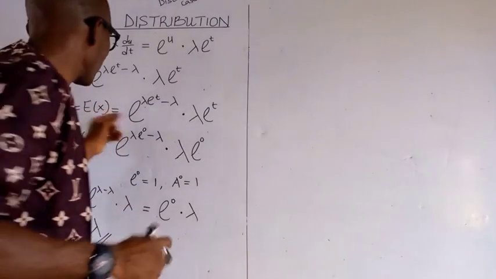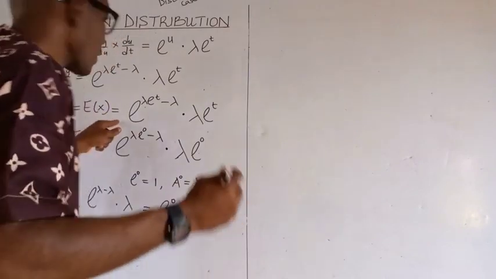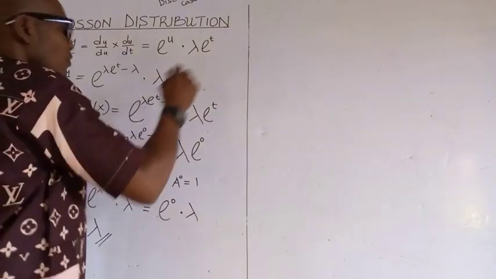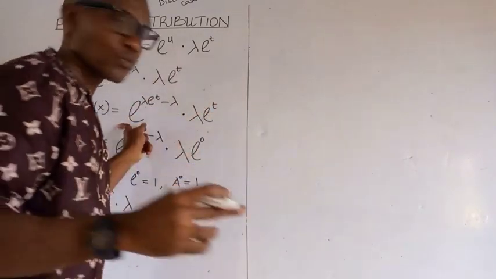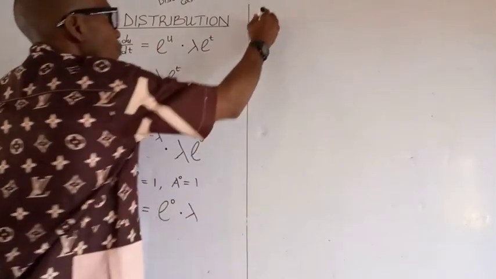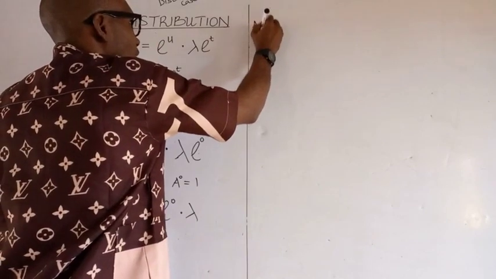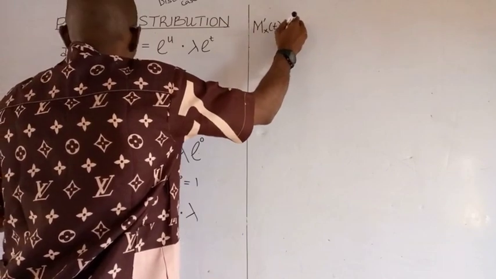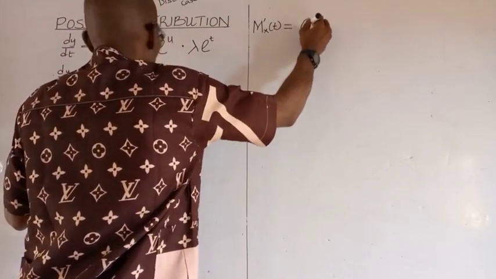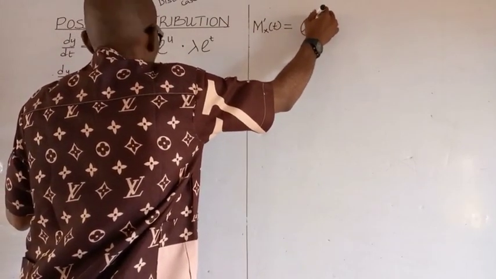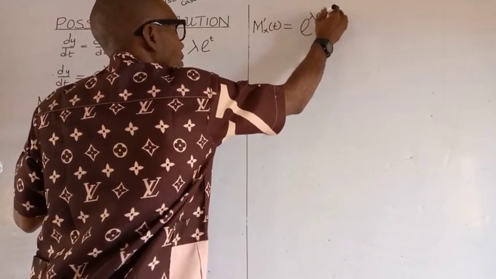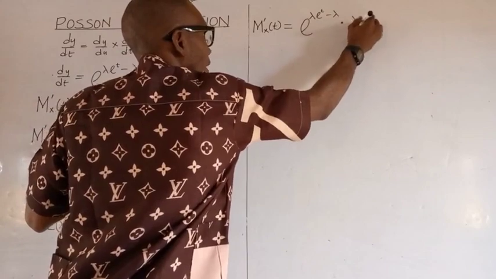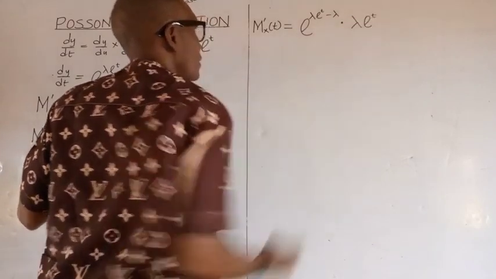Also, to get the second moment, that means the second differential, we have to differentiate this function using the product rule in differentiation. So let's write out the first moment differential, which gave us e lambda et minus lambda multiplied by lambda et.